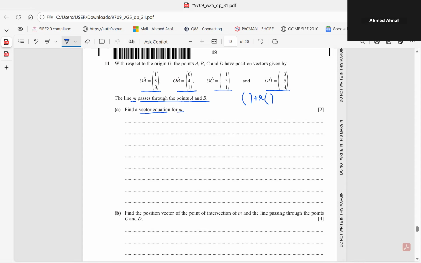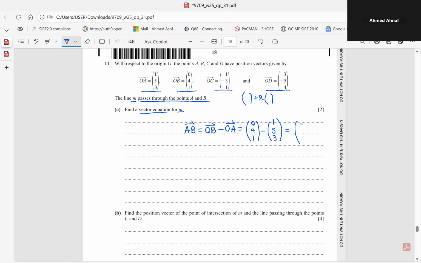In this case, one position vector we can include is OA, and the direction vector, since it passes through points A and B, would be AB or BA. So I'm going to choose AB. AB would just be OB minus OA. So that's 0, 4, 1 minus 1, 5, 3.